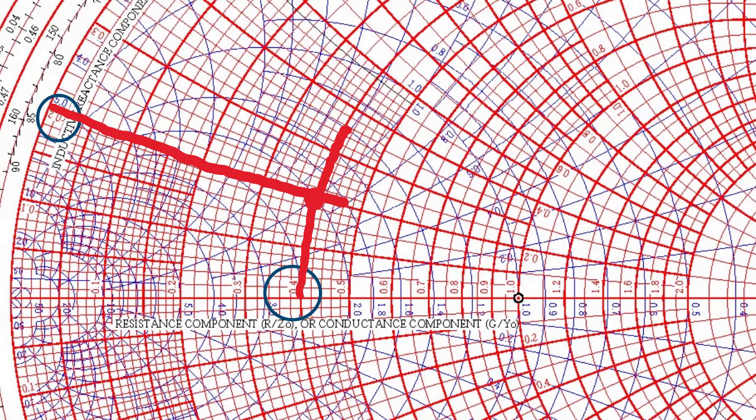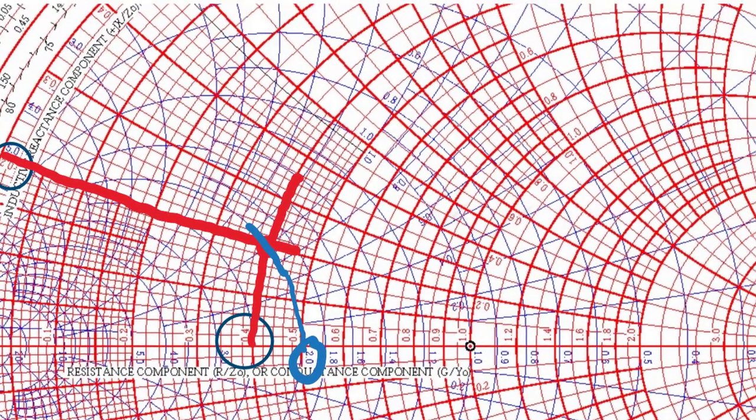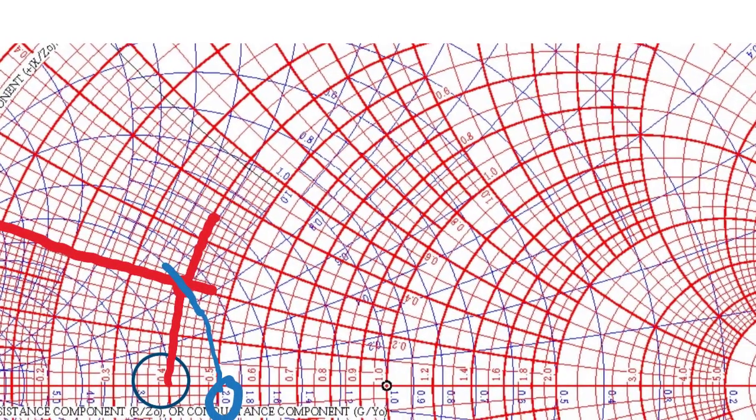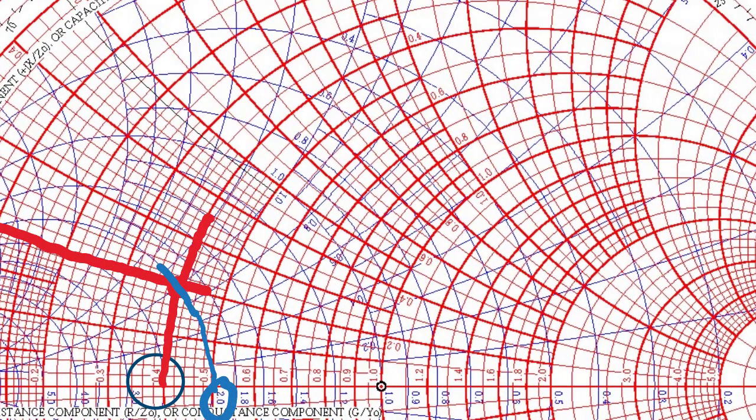Now on the chart, we can simply read off the equivalent admittance. If I follow the blue curves, we're running on this blue conductance curve here, and we see that it intersects with the 2.0 conductance. Then I'm going to have to move a little bit to read off the susceptance curve.